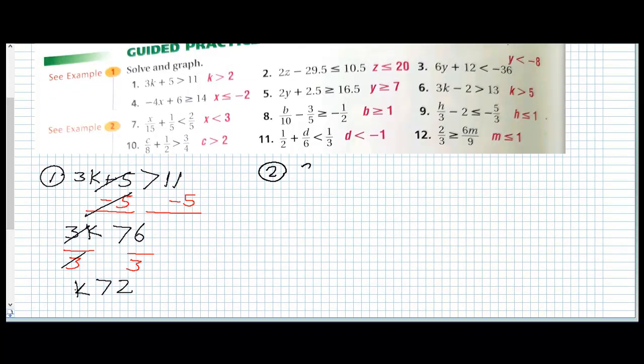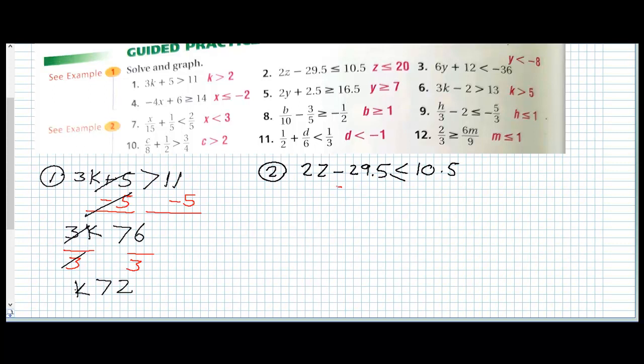Question 2, we have 2z - 29.5 ≤ 10.5. What will we do first? We said first we need to remove 29.5 from both sides.